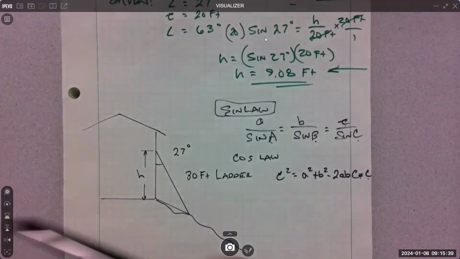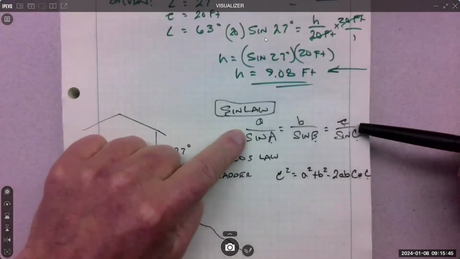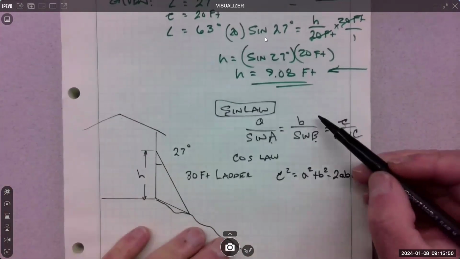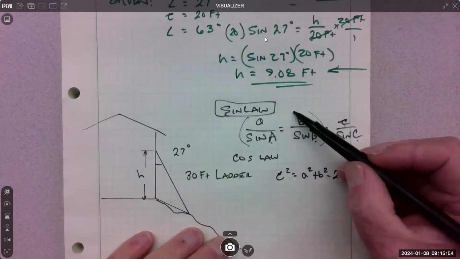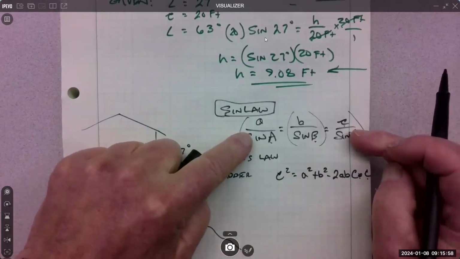Now, the sine law, you don't use all three pieces of the sine law, right? There's 1, 2, 3 pieces. You use any two pieces of the sine law. So the sine law would operate like this, or potentially like this, or then maybe just these two out here, right?